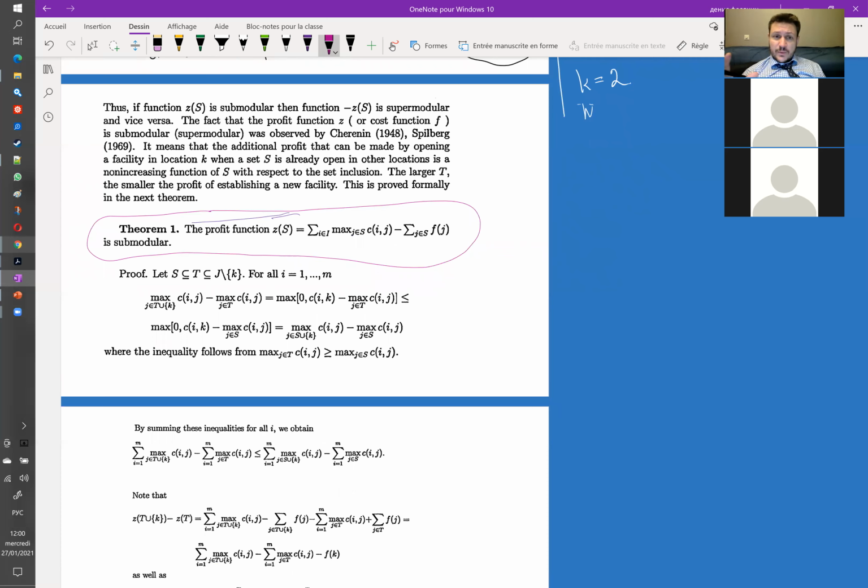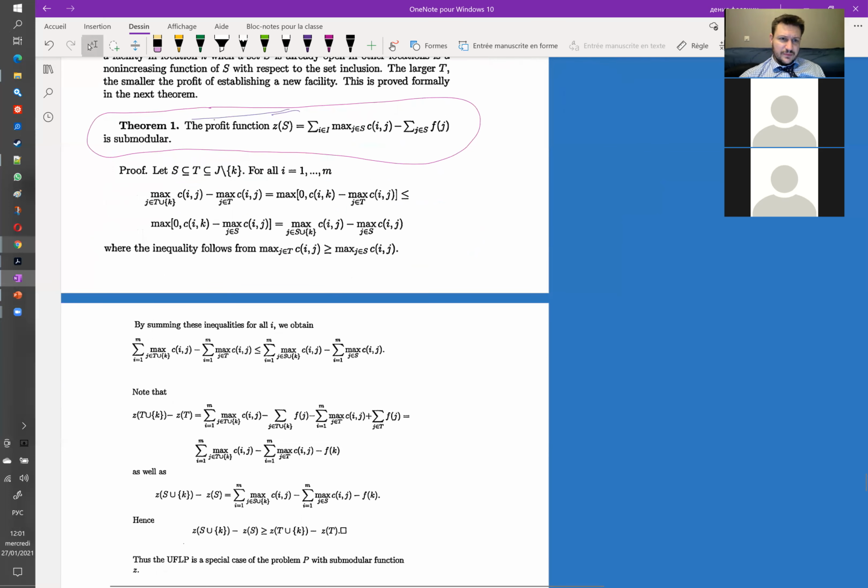So we had problems, we had special functions, and we have a theory for submodular functions. Where is the bridge from one to another? And there is the bridge. So the profit function is submodular. It means that we can use methods, algorithms and theorems that we have for submodular functions. Okay, there is a proof.